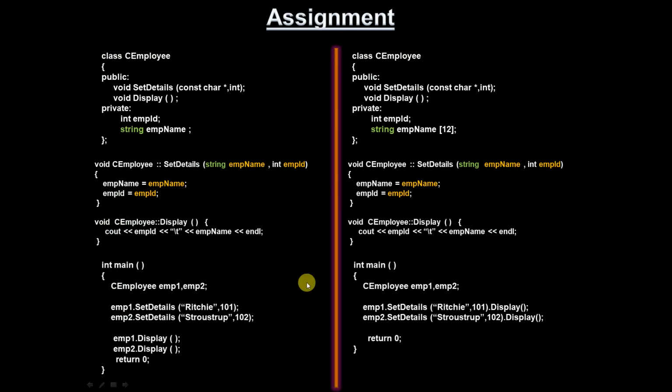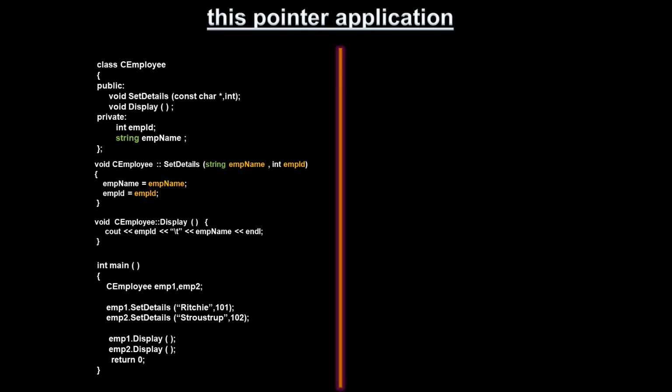Now, coming to this program, first we will analyze what is happening here. This is a part of the this pointer, and by using the this pointer we can solve this, which is why I have taken this application here.